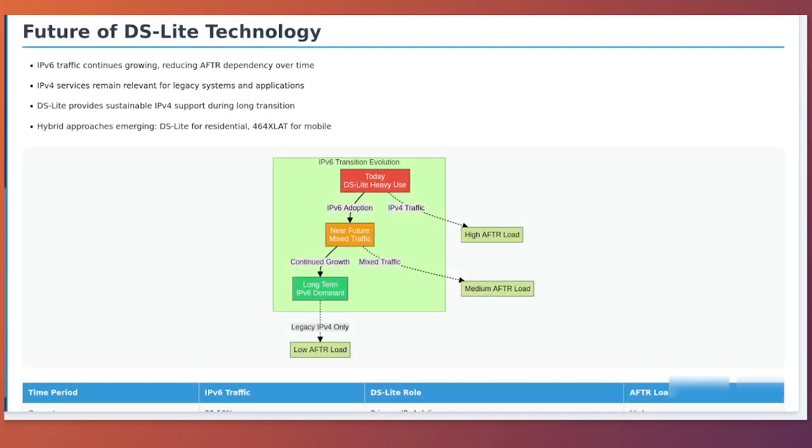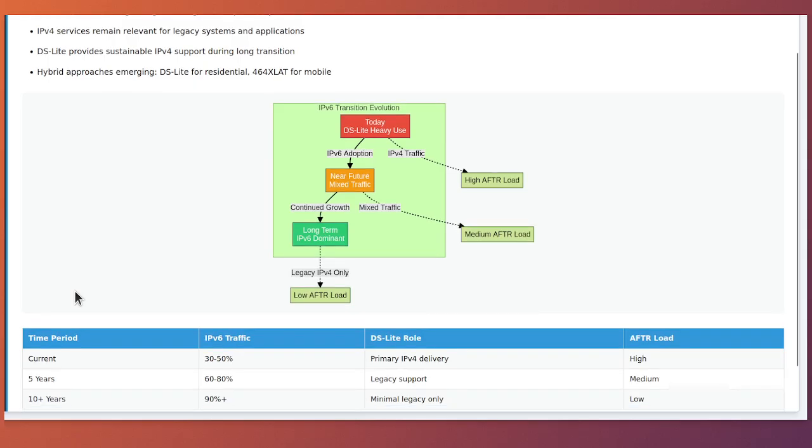Future of DS-Lite. As we look toward the future, DS-Lite's role continues to evolve alongside the broader IPv6 transition. We're now well over a decade past IPv4 address exhaustion, and the percentage of Internet traffic carried over IPv6 continues to grow year over year. Major content providers like Google, Facebook, and Netflix serve the majority of their traffic over IPv6 in regions with good IPv6 deployment.